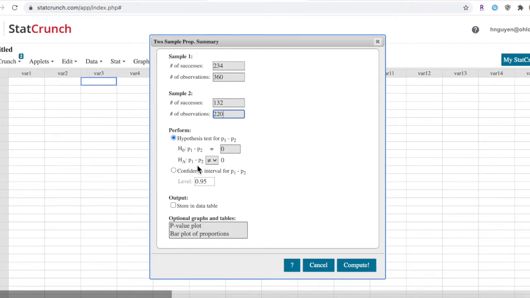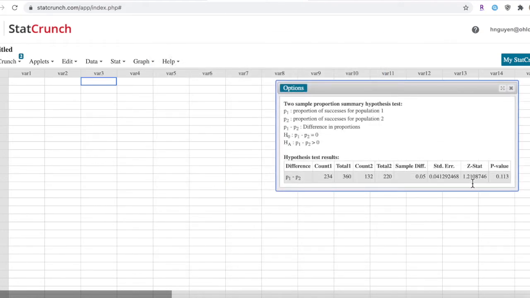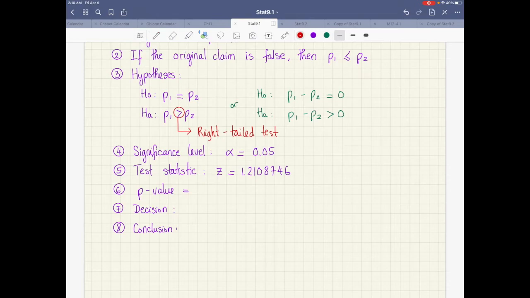HA says P1 minus P2 is greater than 0. Compute. This is my test statistic and this is my p-value. I will round z to 2 decimal places. So I get 1.21. And my p-value is 0.113.